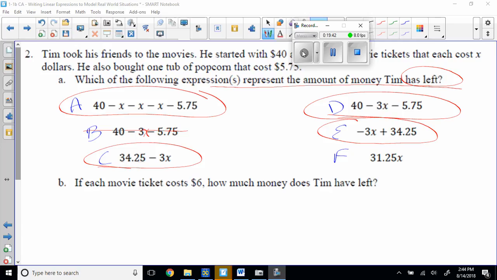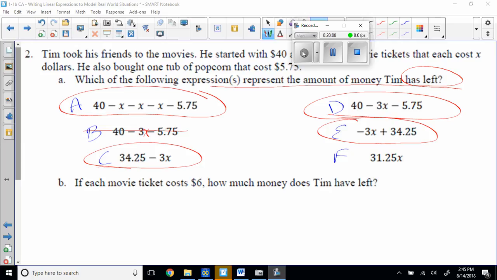Okay, now we're on F, and that says 31.25 times x. First off, what does x represent? Come on. You have to understand what x represents. If you do that, then this problem becomes much simpler. What about the tickets? That's exactly right.